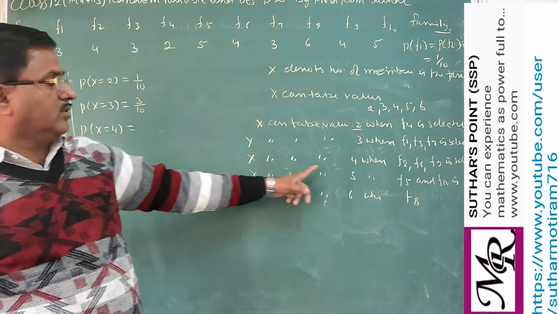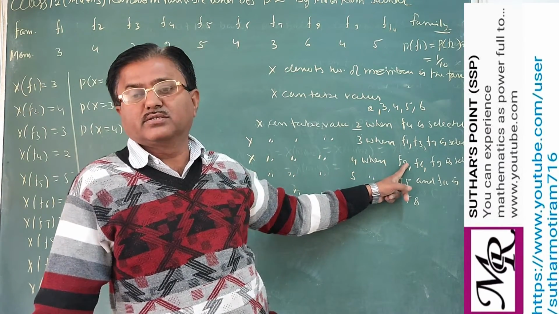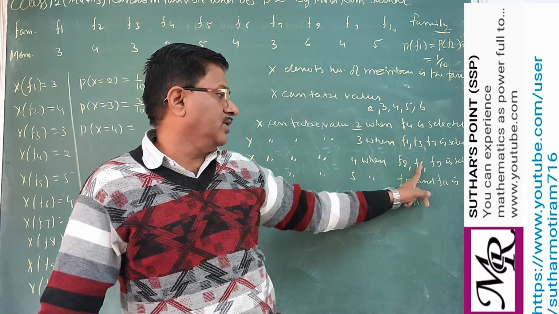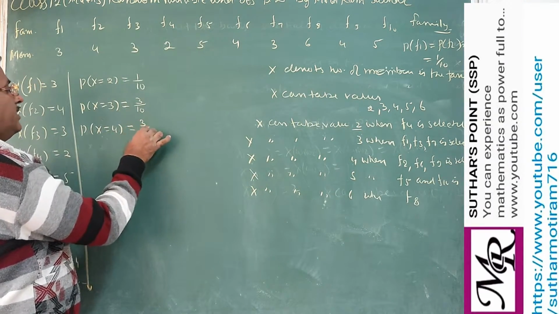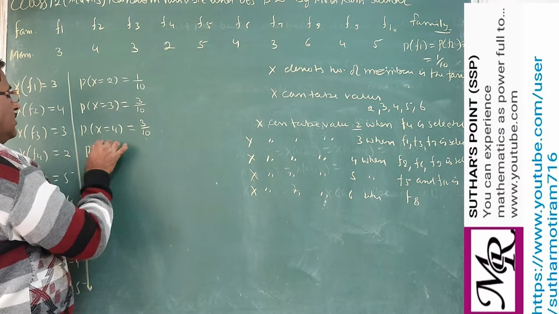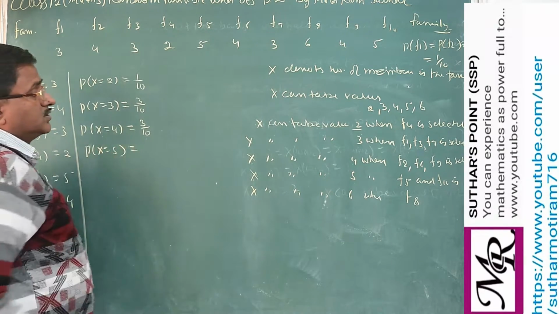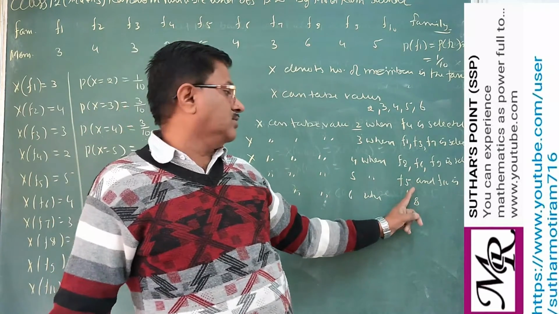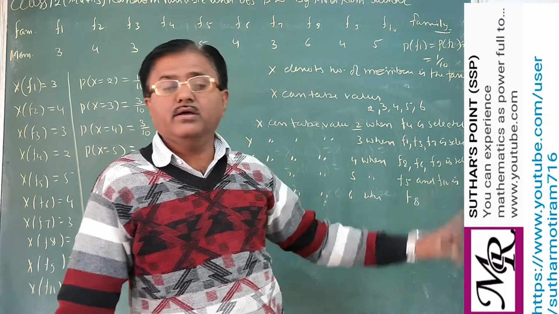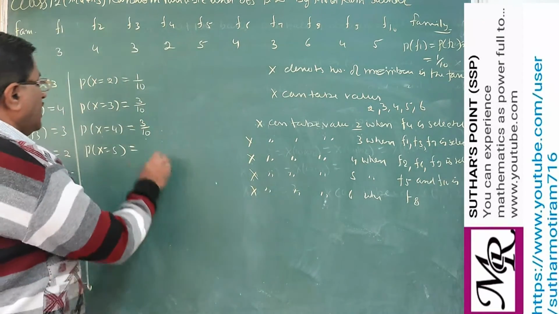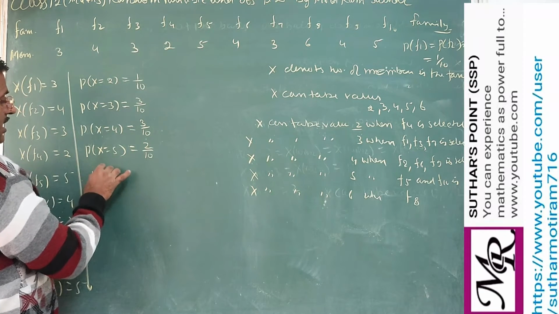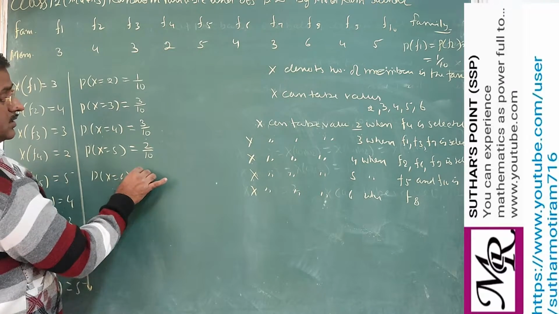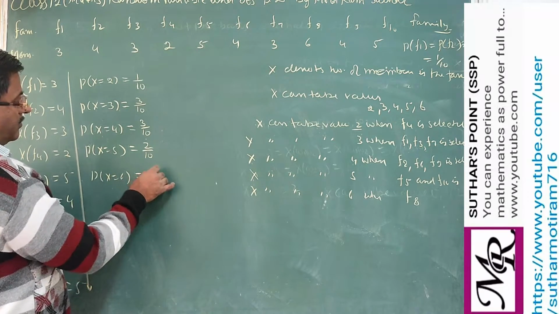When X equals 4, again 3 families, so 1/10, 1/10, 1/10, and the probability is also 3/10. And X equal to 5: only 2 families, F5 and F10, so 1/10 plus 1/10, that is 2/10. And last, X equal to 6 is again one family.